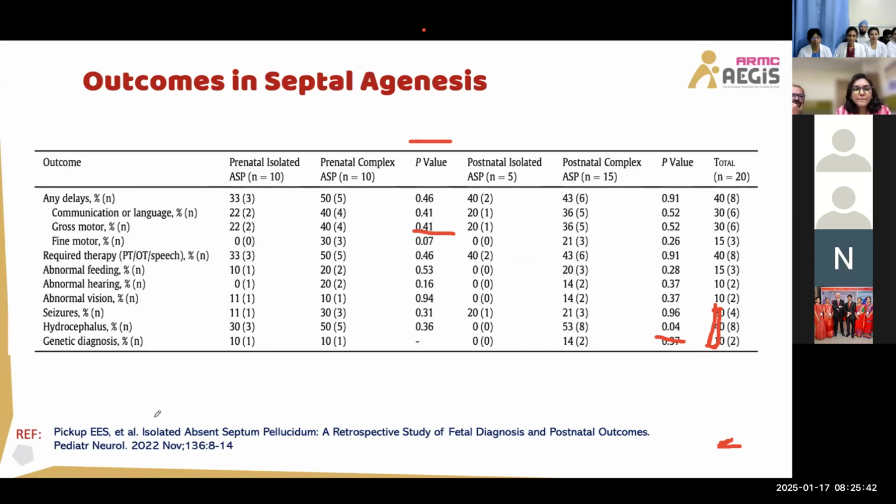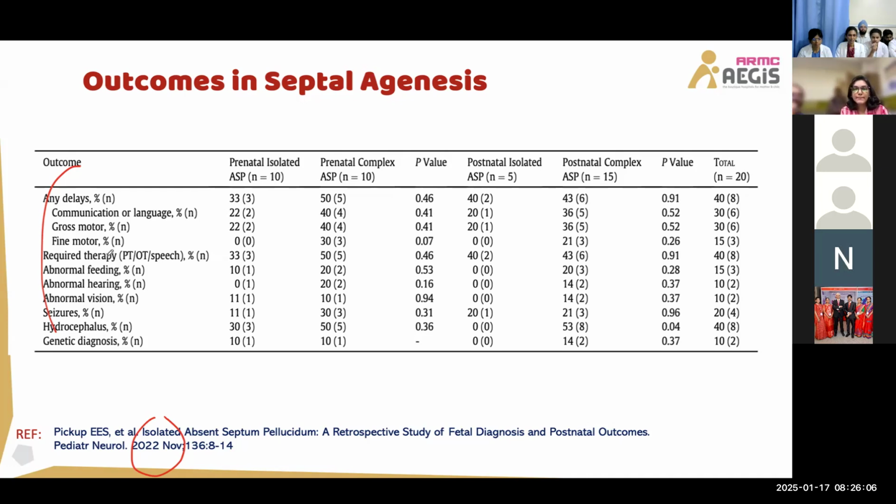Actually, this is one of the latest studies, from 2022, with the largest series of septal agenesis that they were successfully able to follow up postnatally. And these are the various abnormal outcomes associated in these cases. The most common abnormalities seen in these children were language delay, and gross motor and fine motor issues.